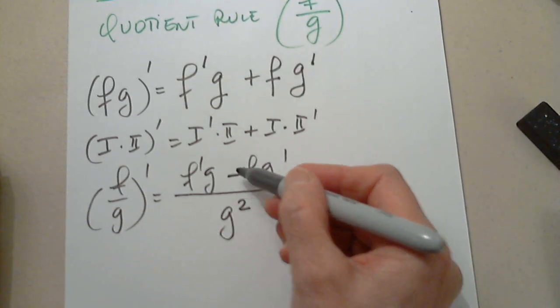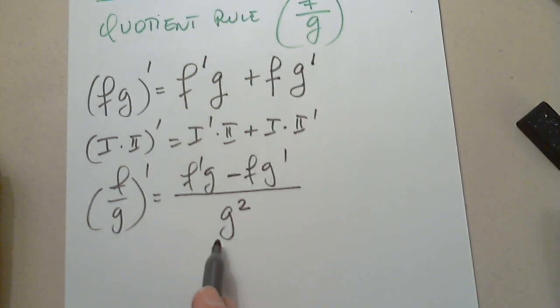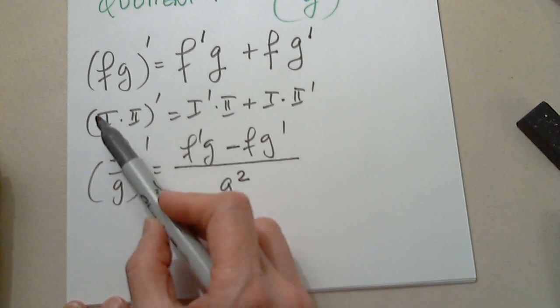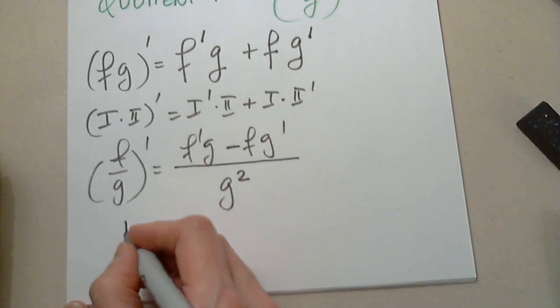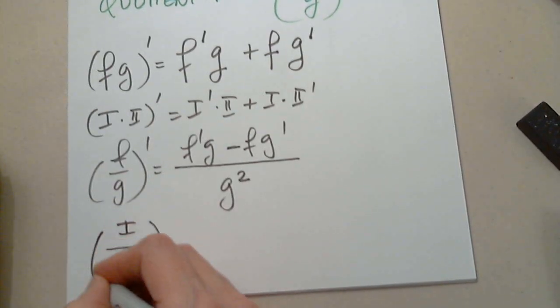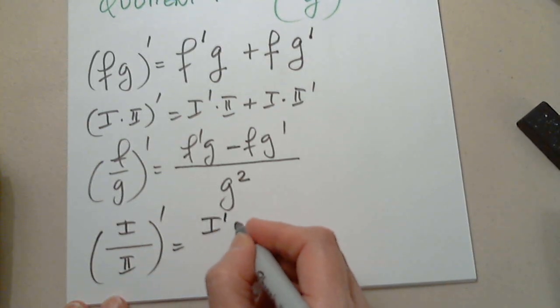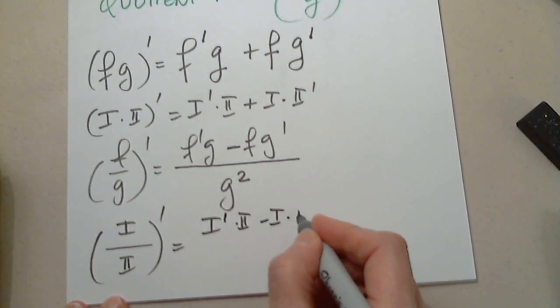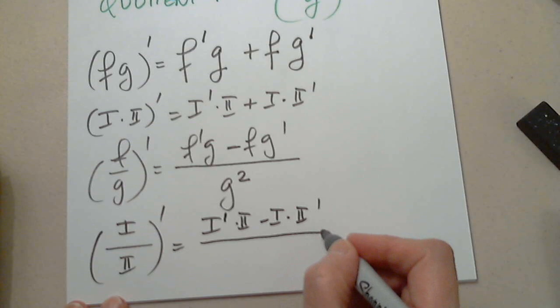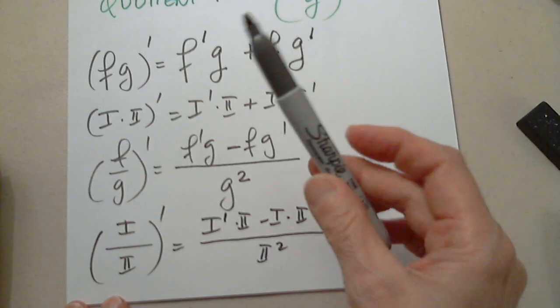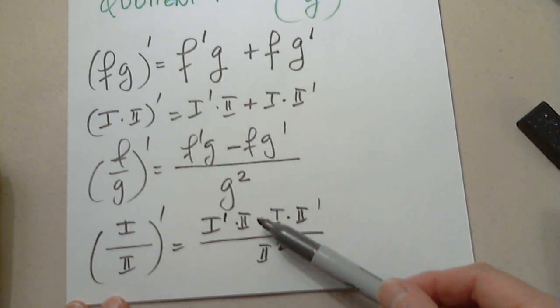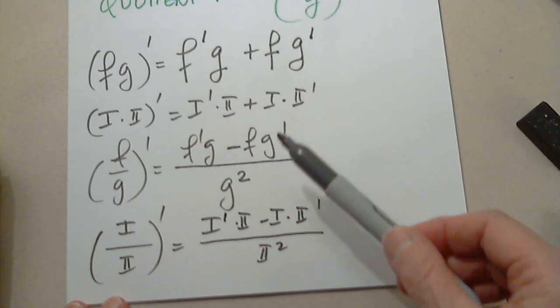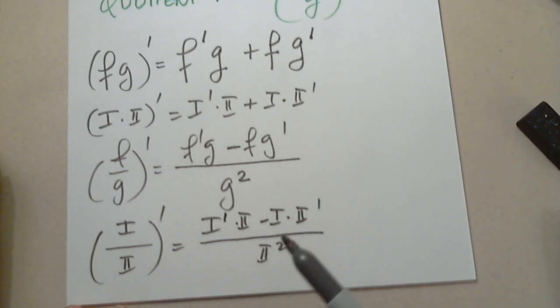Same, but this one has minus, and it has g squared in the denominator. If you like my 1, 2, 1, 2, then you have 1 over 2 prime, 1 prime times 2 minus 1 times 2 prime over 2 squared. 1 prime times 2, but minus 1 times 2 prime over 2 squared.